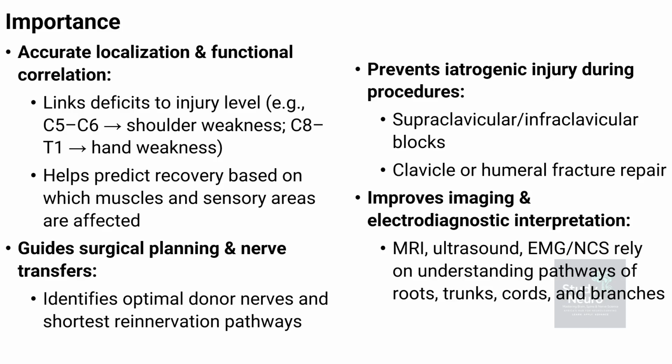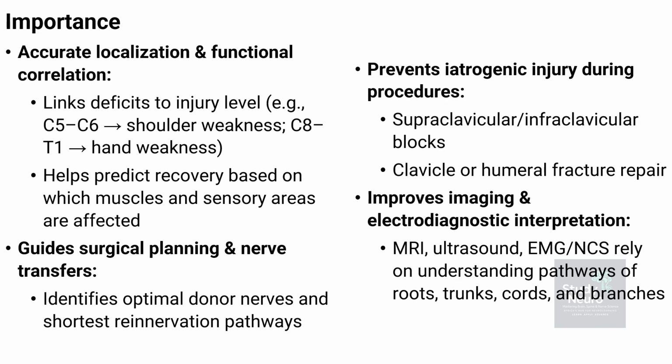Knowing the brachial plexus is crucial for linking clinical signs to anatomy. Weakness in the shoulder, arm, or hand directly points to specific nerve roots, helping localize injuries and predict recovery. It guides surgical decisions, from choosing donor nerves to planning efficient nerve transfers.